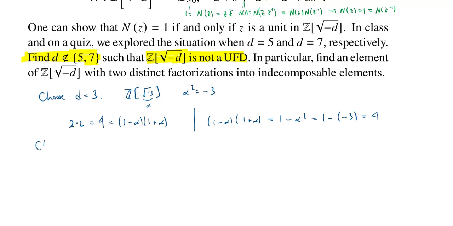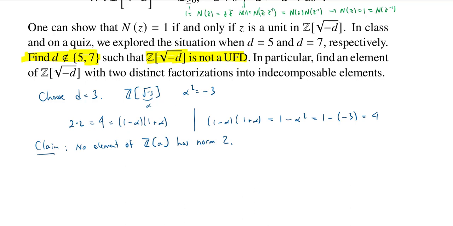So claim: no element of Z alpha has norm 2. Okay? Now, why is that relevant?